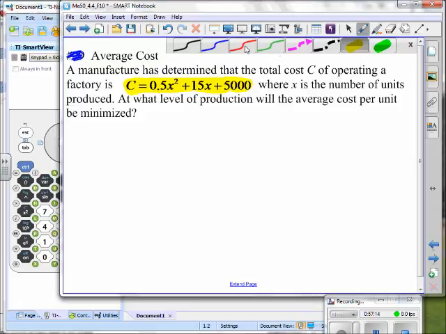Cost is comprised of fixed cost and variable cost, and obviously this fixed cost and variable cost is a little more than just a linear function. So someone took some data and looked over years or whatever time unit we have here and has determined that this function, not a linear one now, but this quadratic, will best describe how much money the company has to pay to produce these items. Okay.